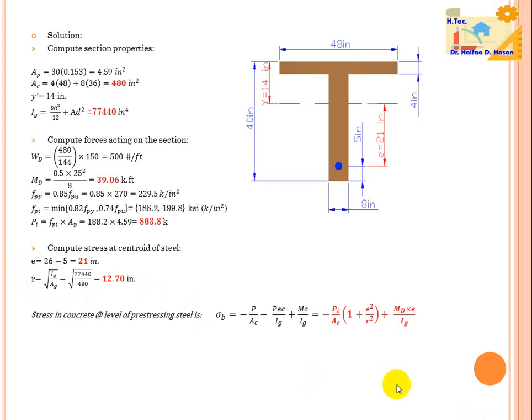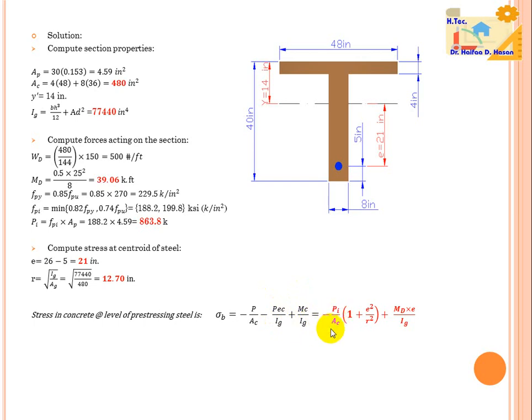Stress in concrete at the level of the pre-stressing steel, here the stress is at the bottom, equals negative P over Ac plus negative P multiplied by e times c over I gross due to transferring the pre-stressing force to the center line, and plus Mc over I gross due to self weight of the beam.